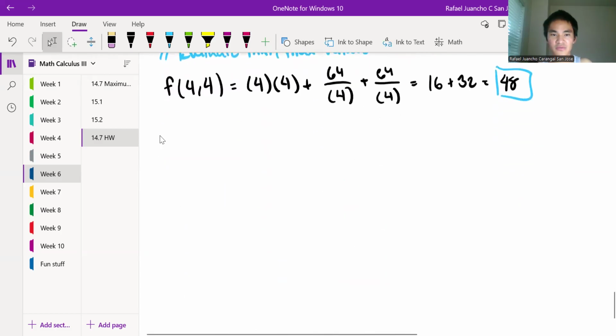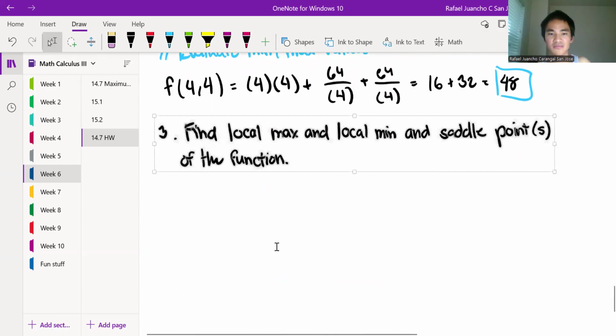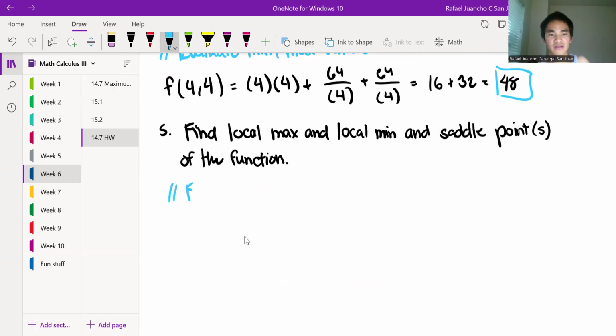Okay, so find local min and local max. What number was this? Number 5. So again, same idea. So find, oh my bad. I totally forgot about the function.